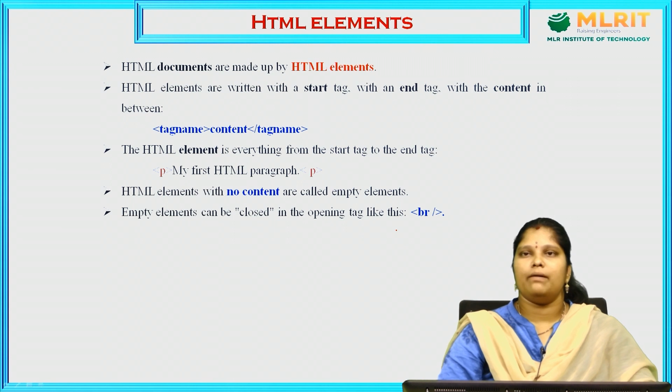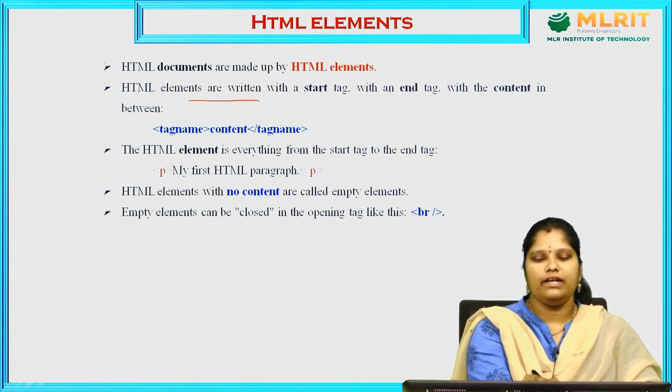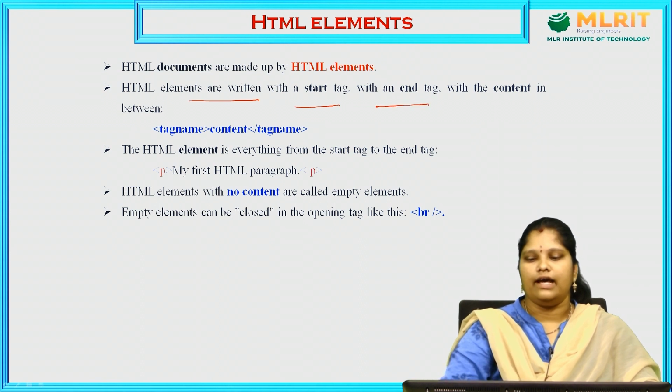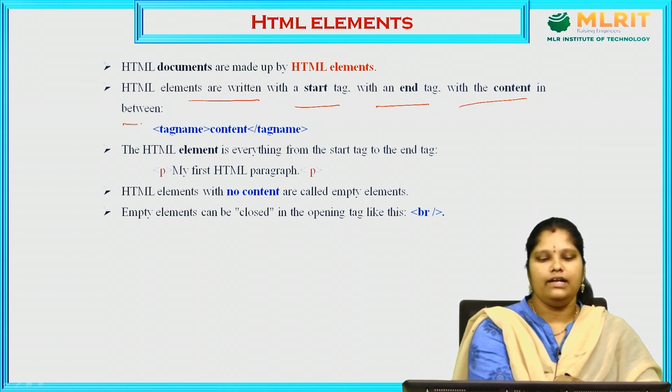And HTML elements, in HTML we have to use elements also. What is an element? It means the combination of tags and whatever information is there in between the start tag and close tag, right? The combination of tags and whatever information is stored in between the tags is called an element. HTML elements are written with a start tag and an end tag with content in between.